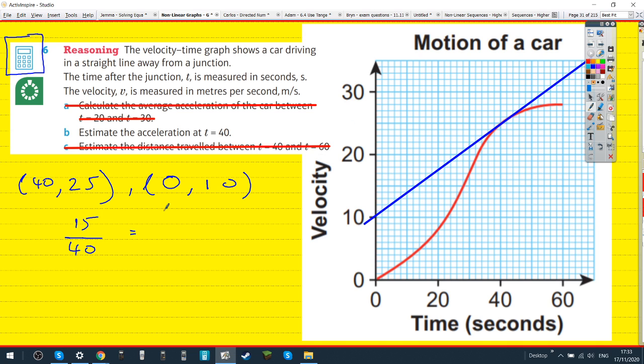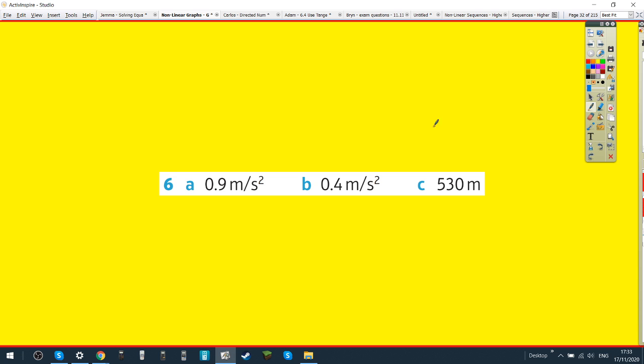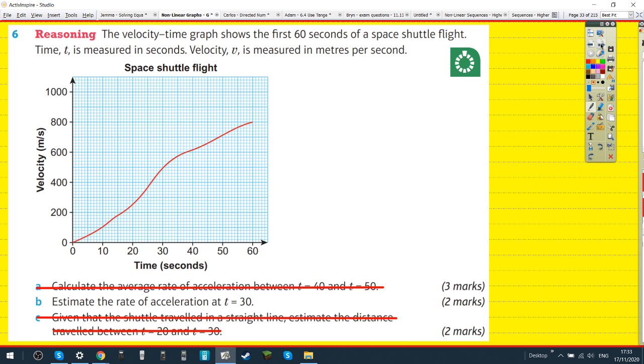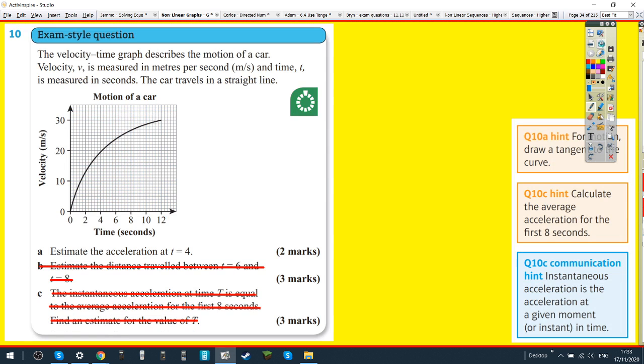That's it. So that's 3/8 or 0.375 meters per second squared. And they rounded to 0.4. That's alright. This one's okay. Exam style question. I think you're okay.